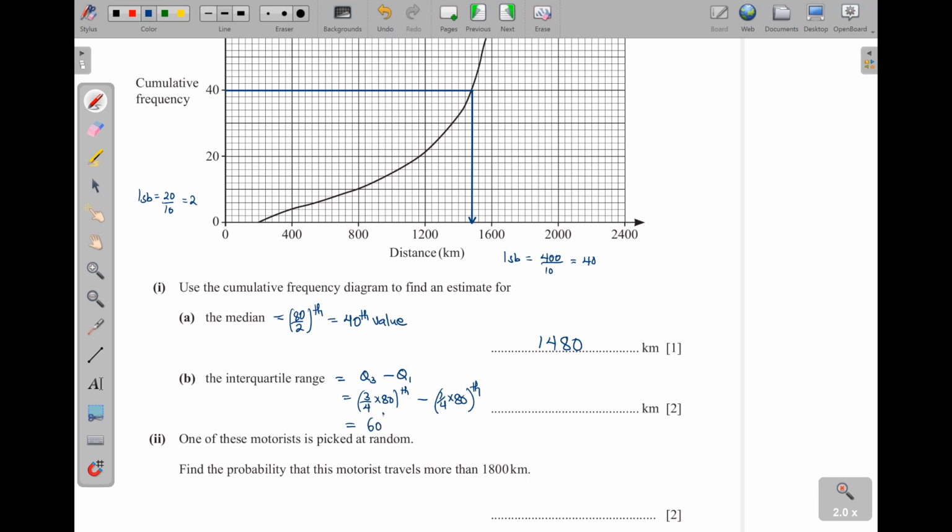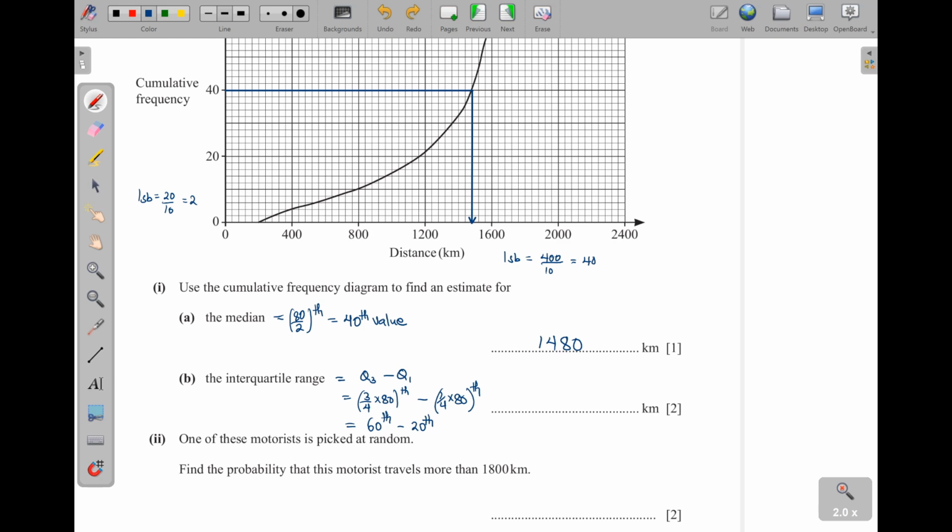So we shall get the 60th value, then minus the 20th value. So many people make a mistake here. They say 60th value minus the 20th value, then they subtract these positions, and then they give you the 40th value. Of course, you are going to give the median always, but that is not what you're supposed to do. So find these individual values from the graph, and then you subtract them.